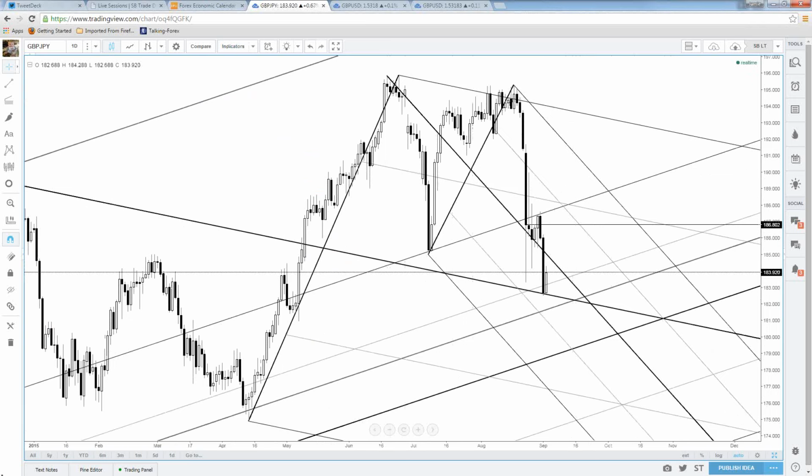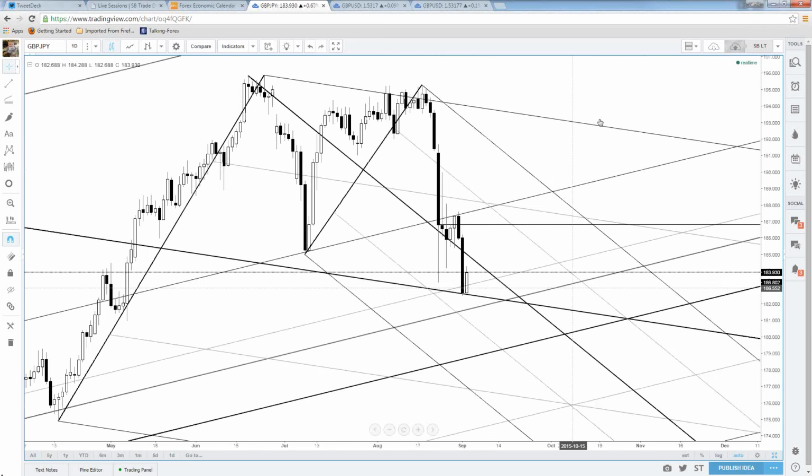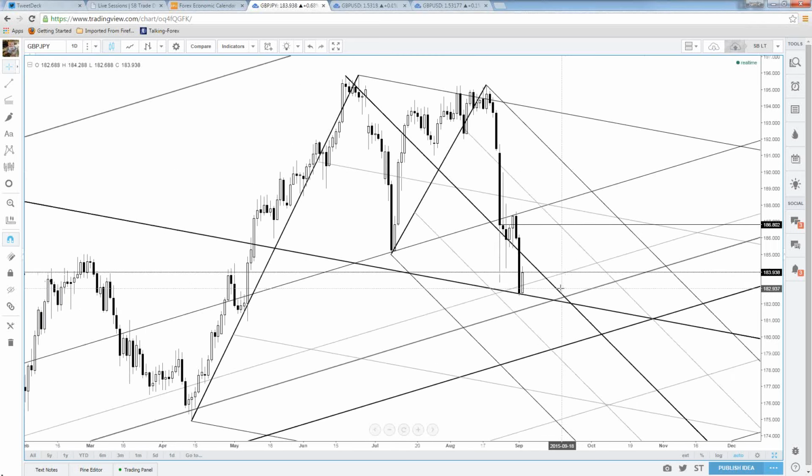Kelly and everyone else, for pound yen, the level that's going to be most interesting to me for a potential short is probably 186.80. That's the close from last Monday. It's a very high volume level, high volume across any market. Basically, the close from 8/24 is going to be an important level in any market you look at right now.